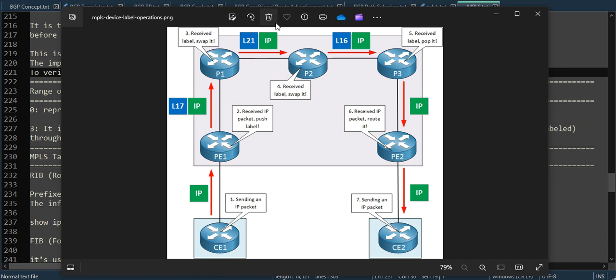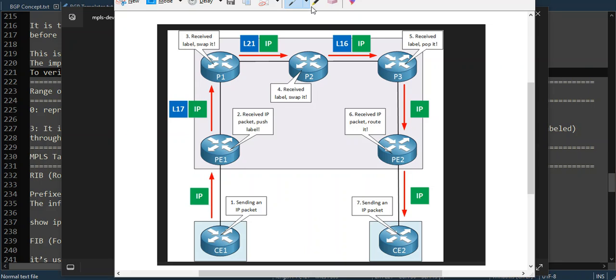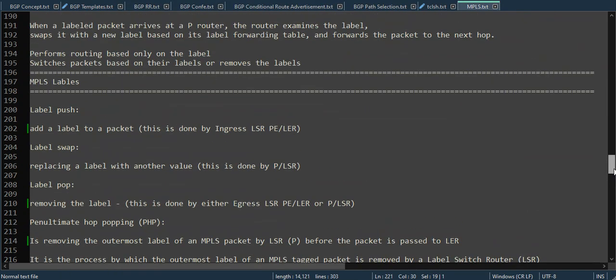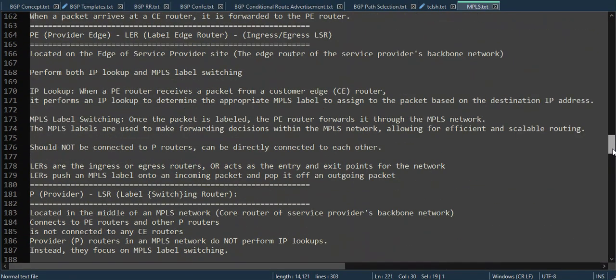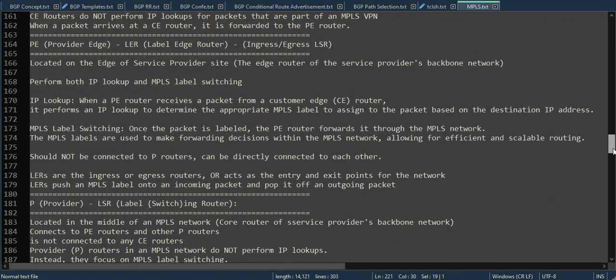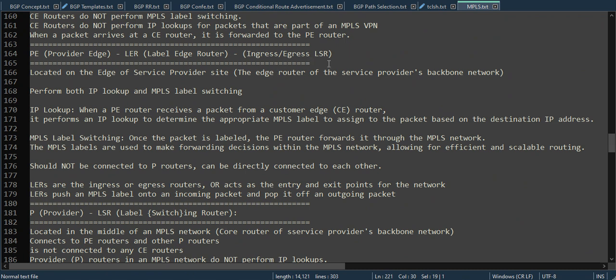This is the customer router, this is the PE, also called the ingress LSR or LER.